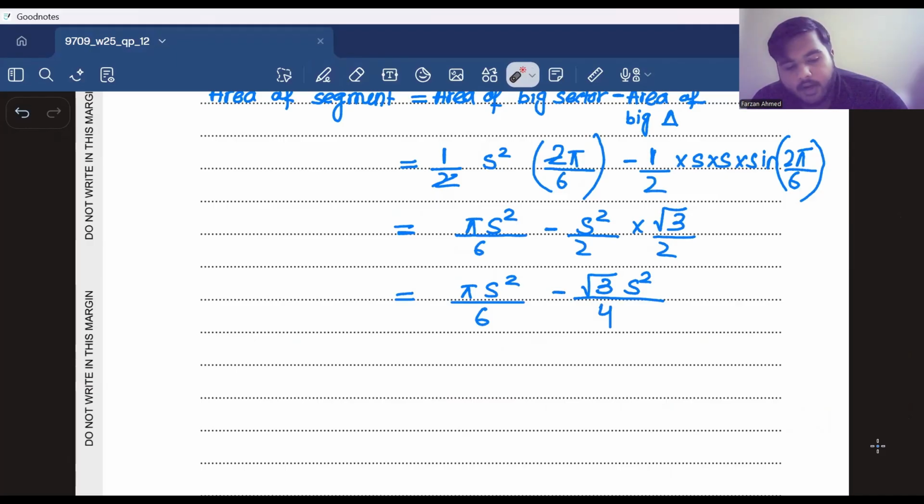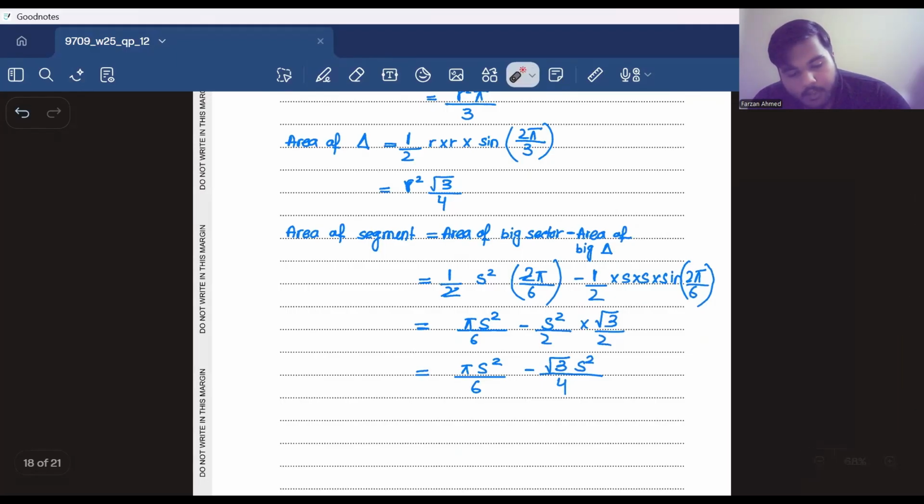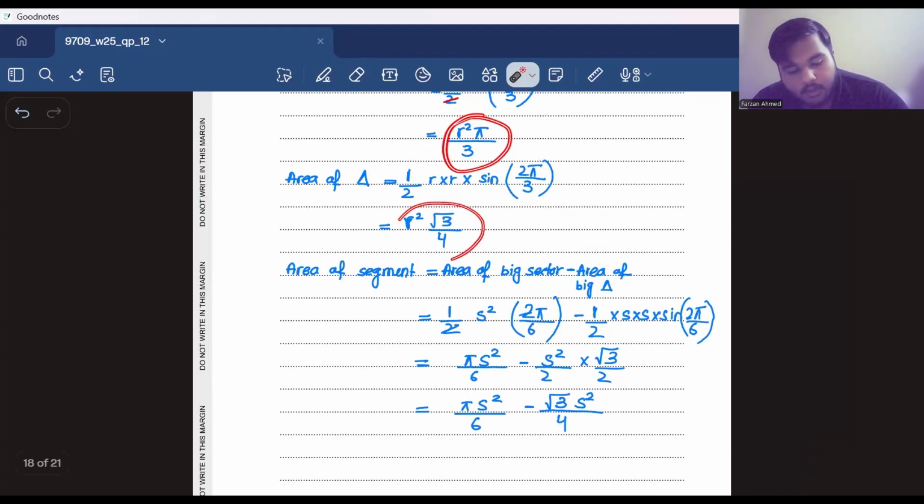Now we have to find the area of the shaded region. Okay, so to find the area of shaded region, we will subtract this and we will subtract this whole thing.